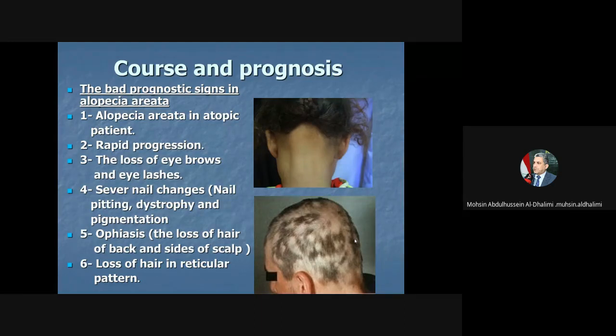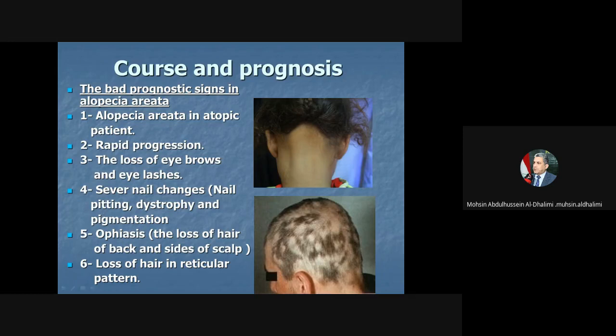And some of the cases are very difficult to be treated. We have certain signs. If we see one or more of them, we expect a poor prognosis and the need of aggressive treatment.